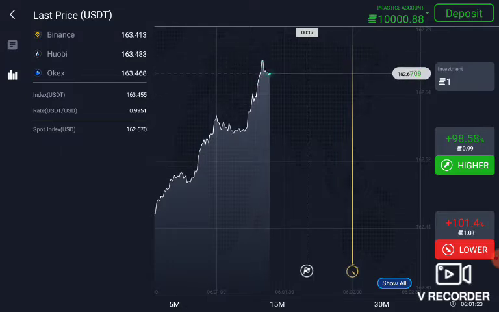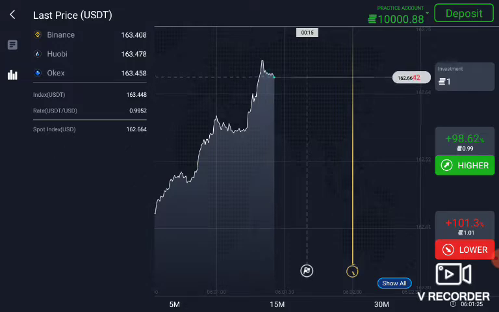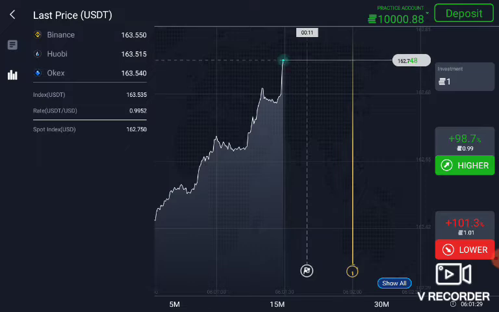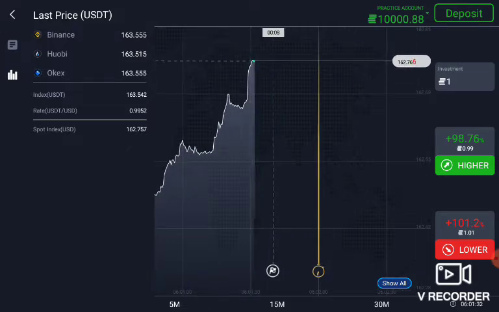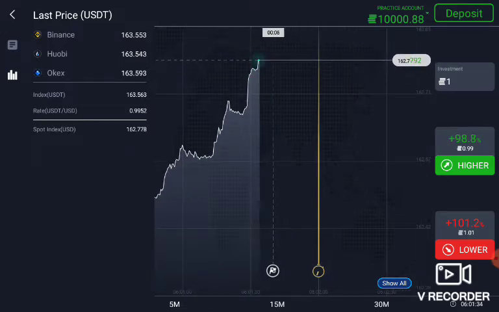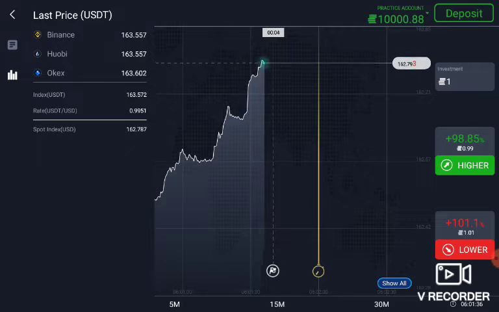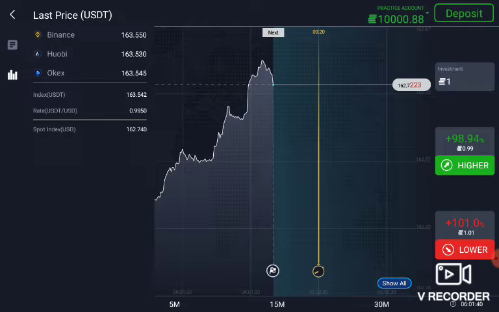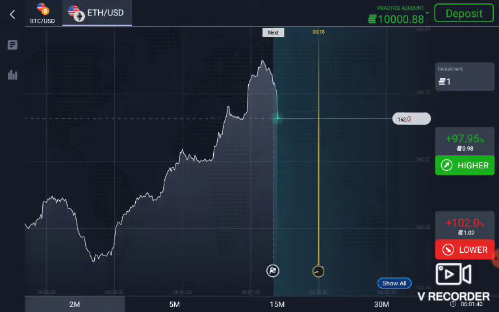And as of right now, the index for USDT is 163.45. With the rate of USDT at 99 cents, it gives you the spot index in USD of 162.76, which is where we're currently at right now. So this underlying price down here at the bottom is the price that you will be using for your options.